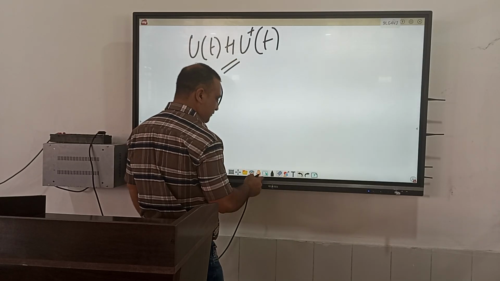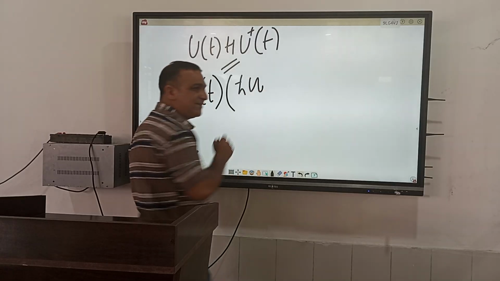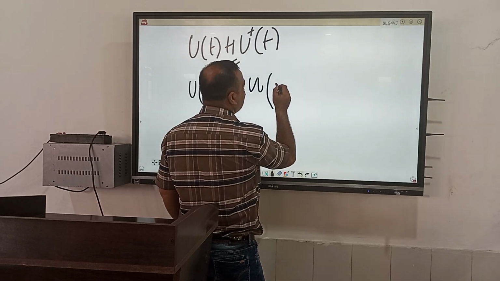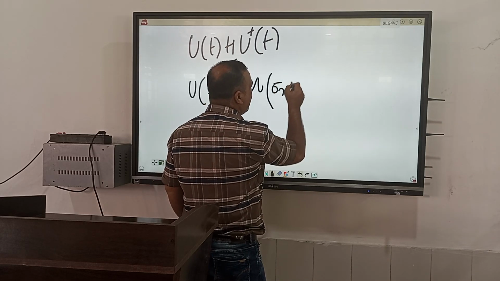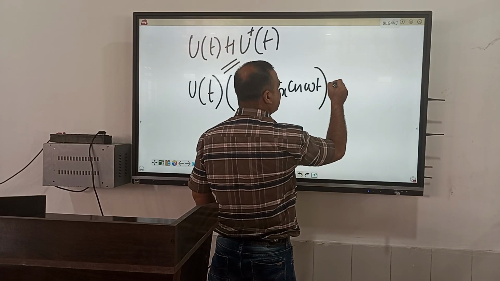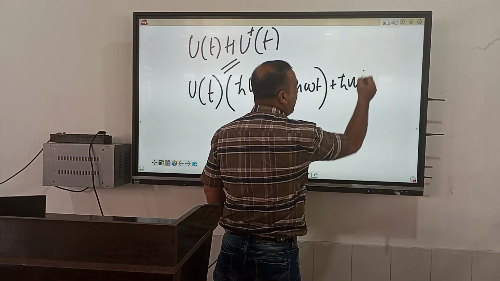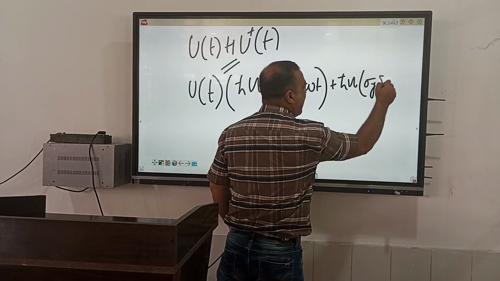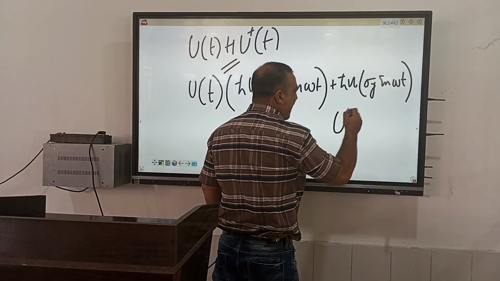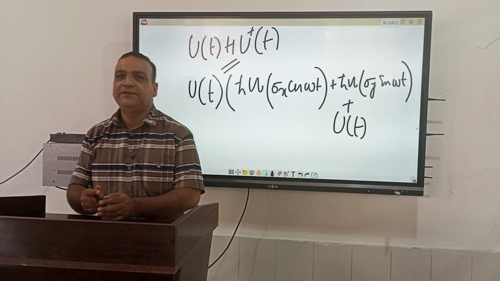It was h cross omega, and inside you had sigma x cosine of omega t, plus h cross omega sigma y sine omega t. And outside you will have U of t dash. This is what is there.